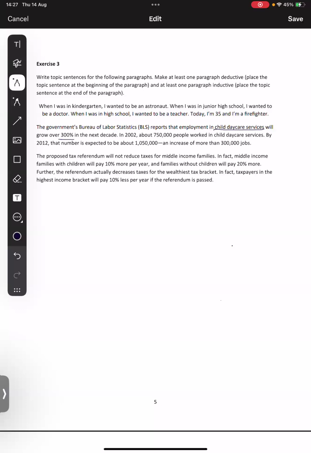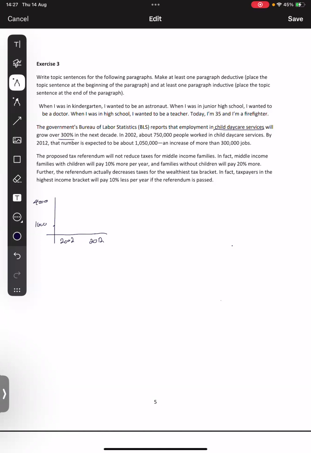Okay, so like in 2002, if we have say 1,000 people working in child daycare service, in 2012 there will be an increase in that number by 300%. Now, 300% means an increase by three times.